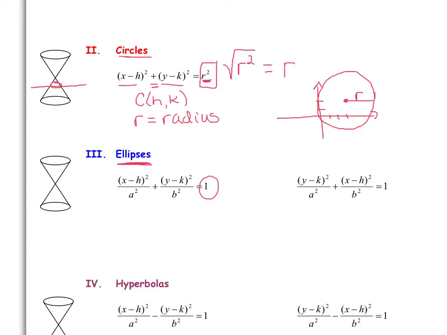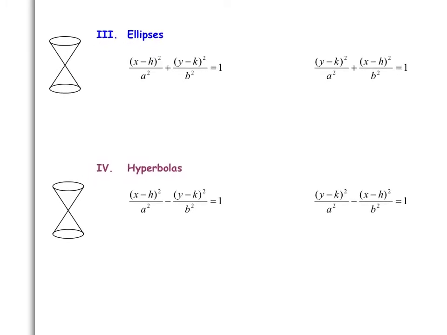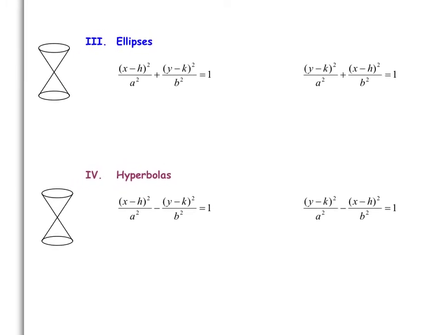So now, next let's talk about the ellipse. An ellipse is formed when you have a plane and it cuts the cone kind of on a slant like this, because you're going to end up with something kind of oblong or oval, but we call it an ellipse, okay?